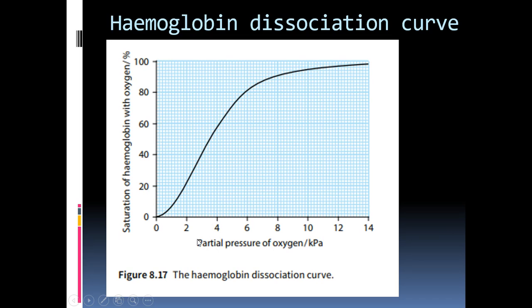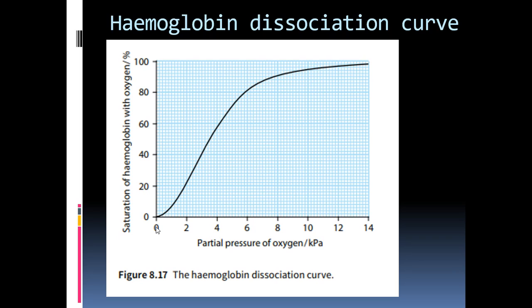So you start from 0 up to 14 kilopascal. The unit is kPa or kilopascal. The maximum amount of hemoglobin saturation is measured, depending on the different concentration of oxygen that it has been subjected to.